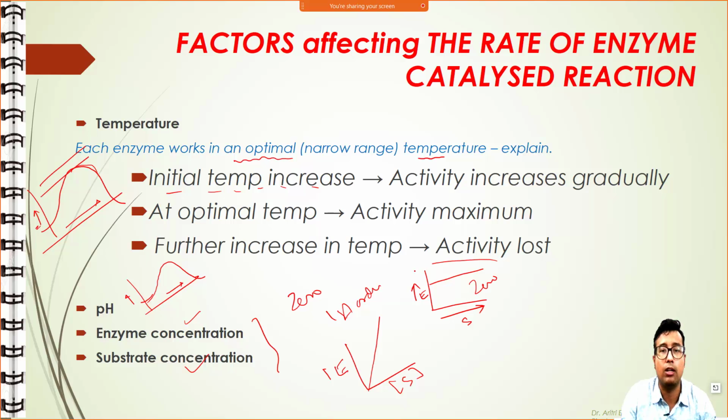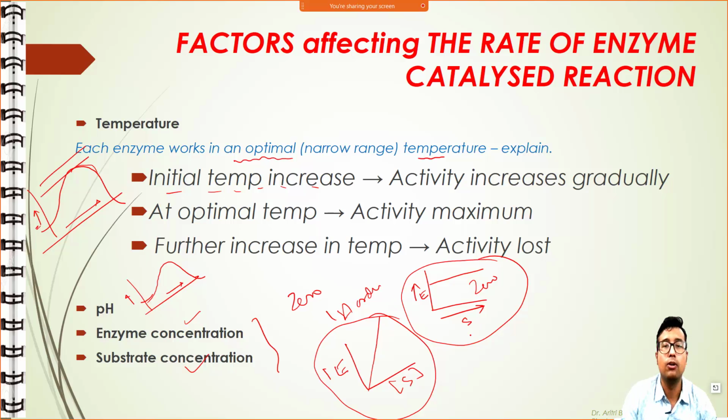This is an important MCQ and viva question. And the rate of enzyme reaction is directly proportional to the substrate concentration in first order kinetics. Okay. There are of course second order and third order, in which the curve will look like a parabola or hyperbola.